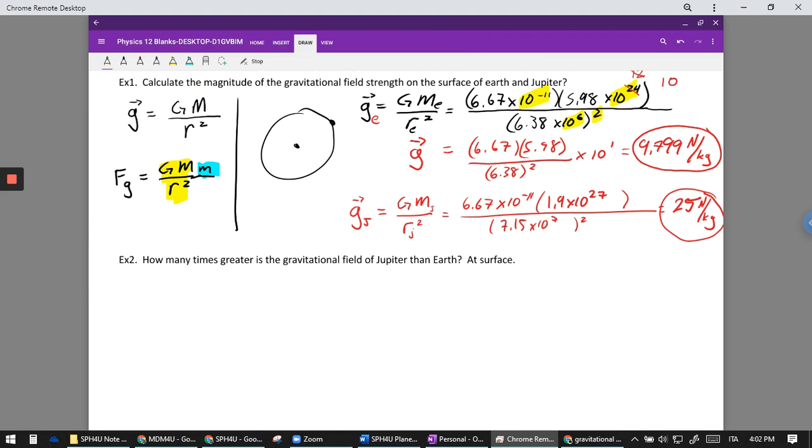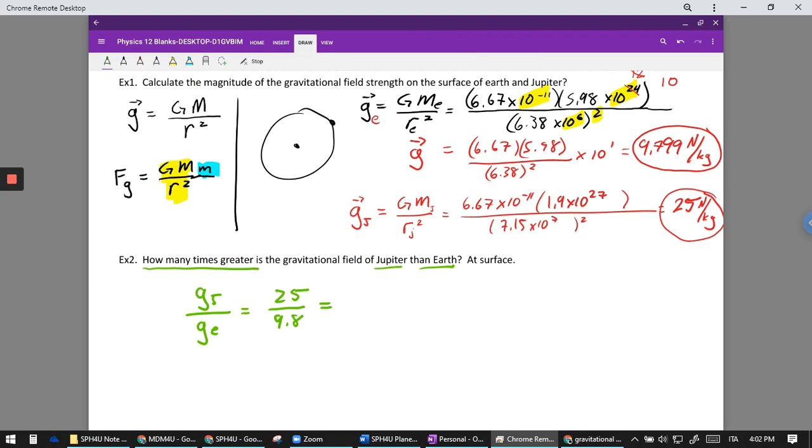So if the question is asking how many times greater Jupiter is than Earth, what you're going to do is set up a ratio, gravitational field of Jupiter over gravitational field of Earth, and put in those values. So this is 25, and this is 9.8, and if you reduce this, you're going to get essentially the value, right?